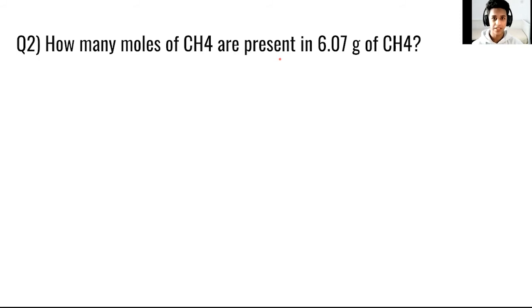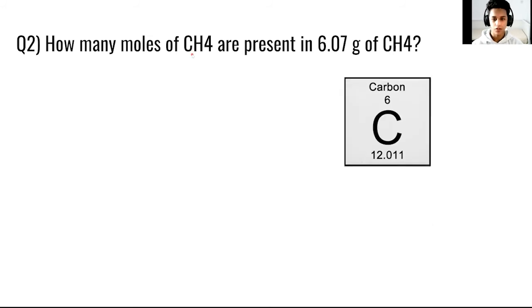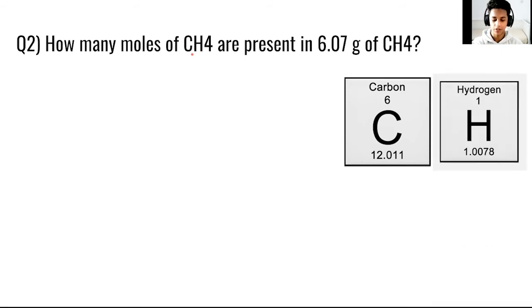So we will do the same step as we did in the last question. We will see the compound that we have. We have carbon. We will see the AMU of carbon in the periodic table, and we will multiply it by the number that we have. That is the carbon in the periodic table, and that is the hydrogen in the periodic table.